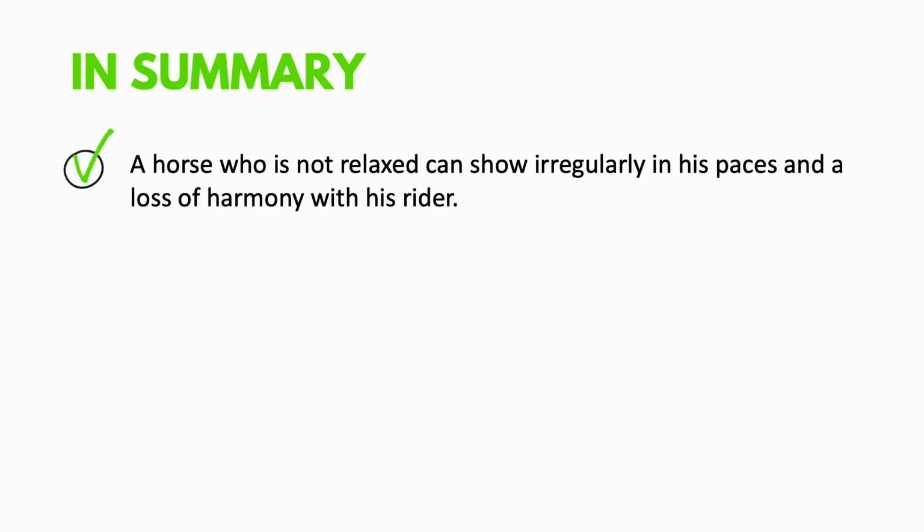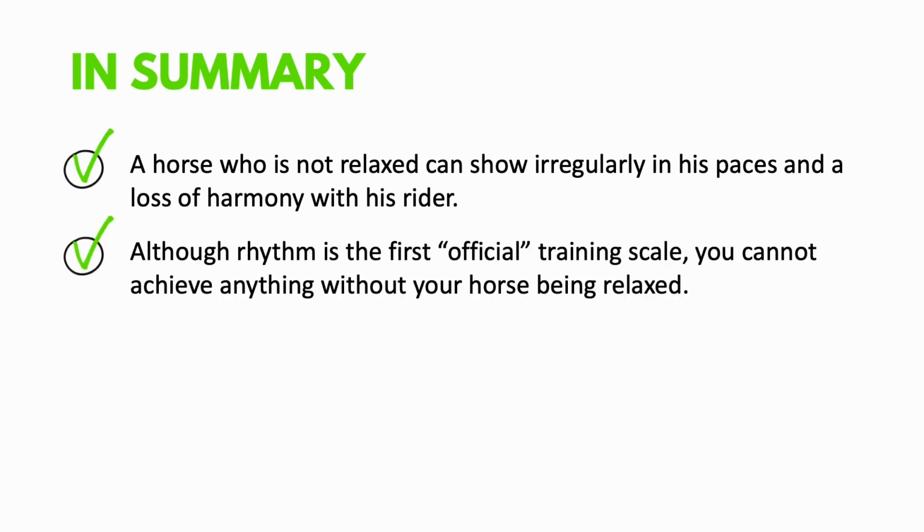So to summarize this presentation, a horse who is not relaxed can show irregularity in his paces and a loss of harmony with his rider. So although rhythm is the first official training scale, you cannot achieve anything without your horse being relaxed first.